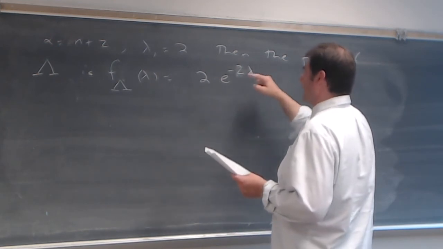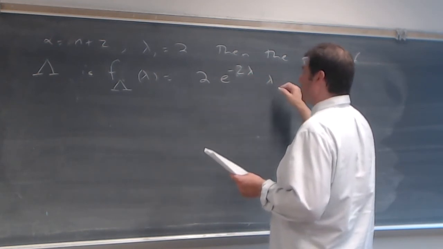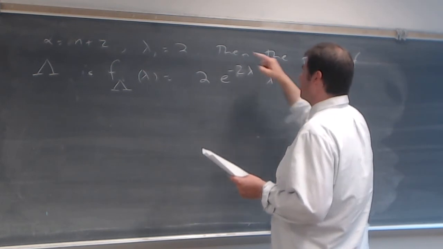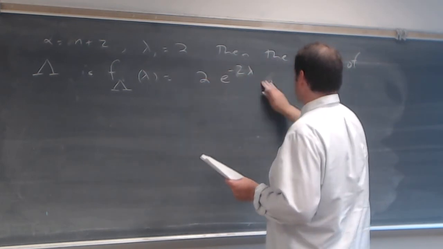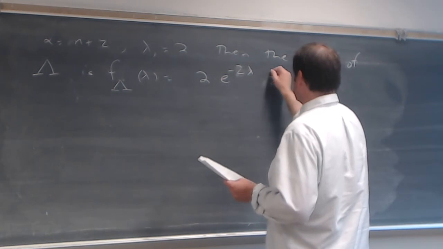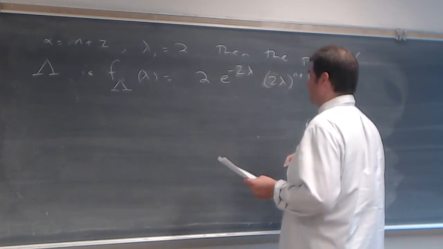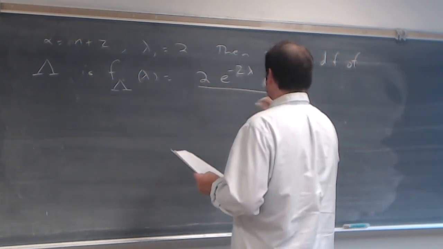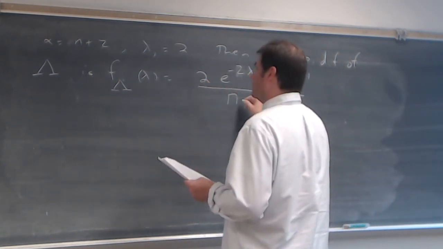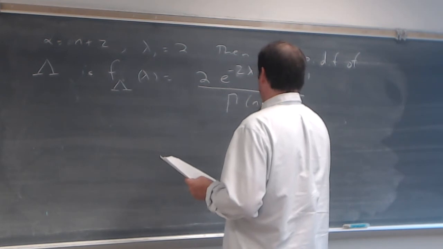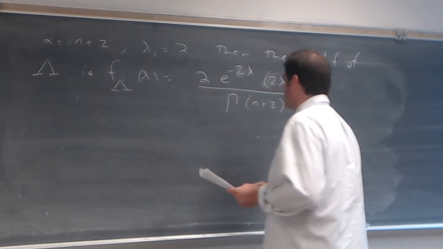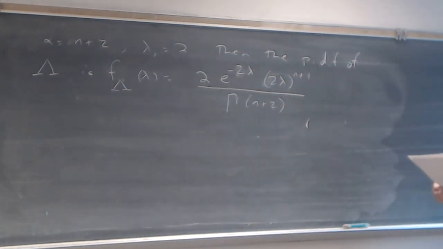And then times the input variable lambda times the parameter 2, so it's 2 lambda, raised to the alpha minus 1, so that'd be n plus 1, all over gamma of alpha, which is n plus 2. Okay, that's what we'd have.